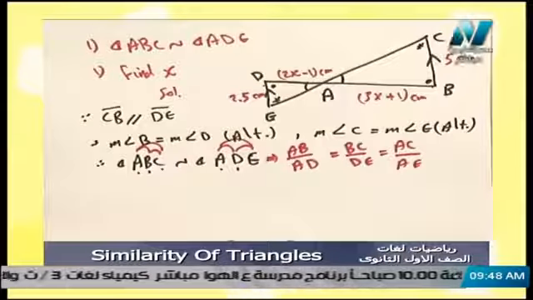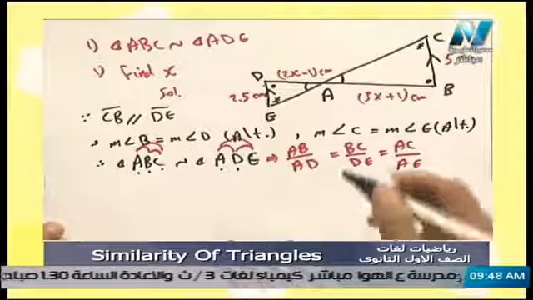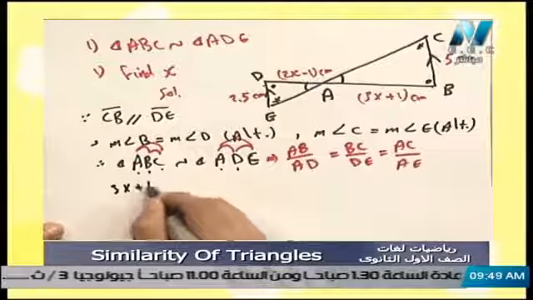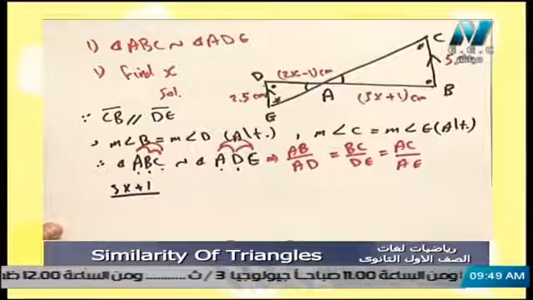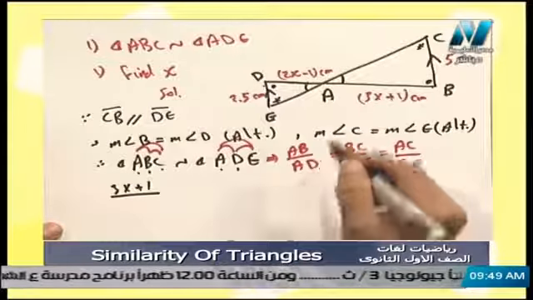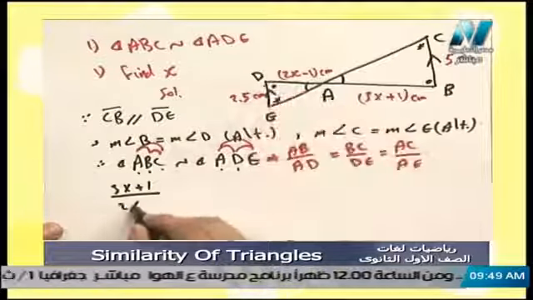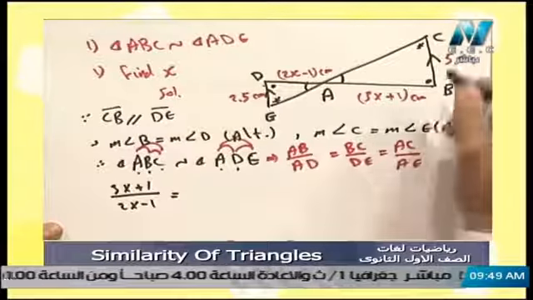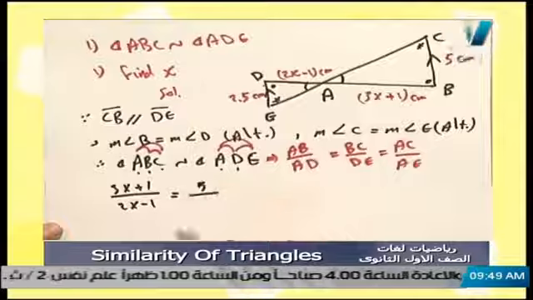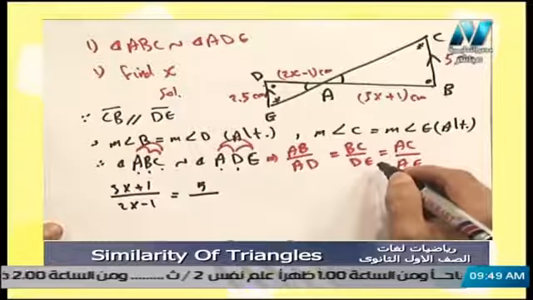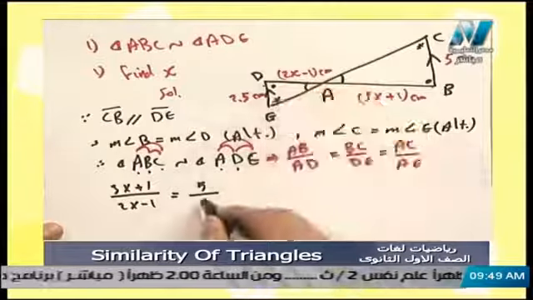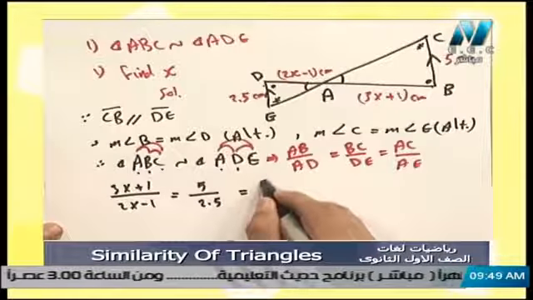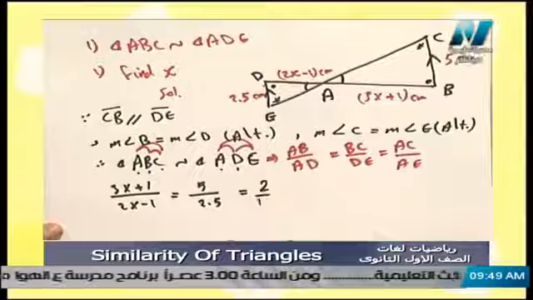Let's replace these sides. AB here will be 3x plus 1 over AD equals 2x minus 1. What about BC? BC here equals 5 over DE equals 2.5. So in simplest form, this number will be 2, or we can say 2 over 1.